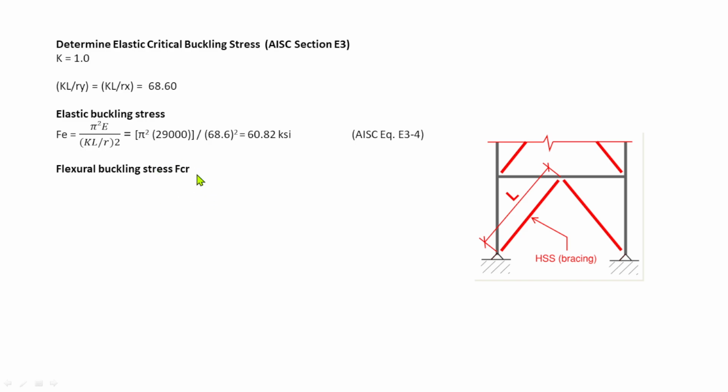This is the value that we need to determine, because that is the critical buckling stress that we are going to multiply by the area to get the design strength and the allowable strength.